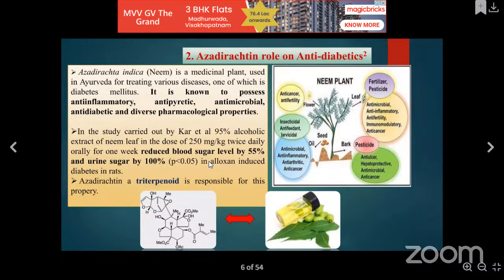Whatever carbohydrates we take will be converted into sugars. Those sugars will be transferred into the bloodstream, and they act like instant energy for our daily activities.